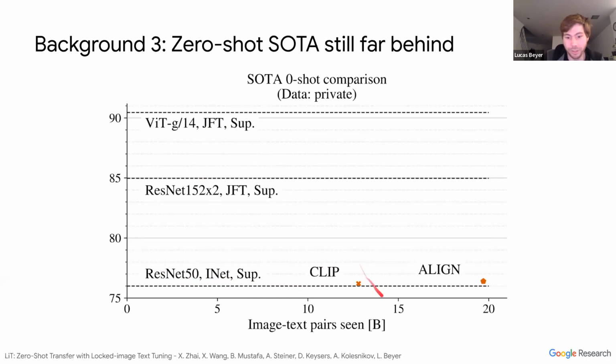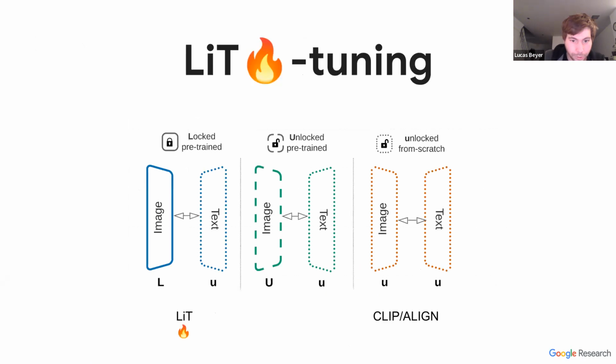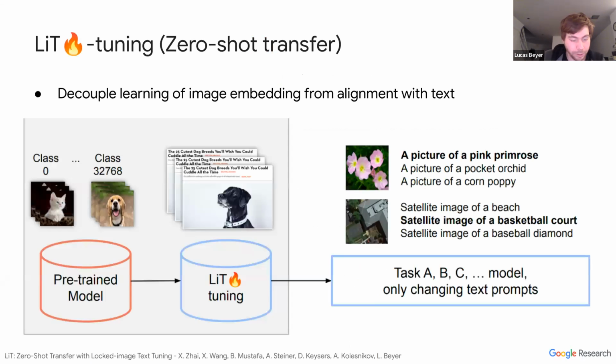Can we have this property of just spelling out the text for the models that we pre-trained that are really strong? And yes, we can, by what we call LiT tuning, locked image text tuning. The bottom line is really simple. We do the model pre-training as I mentioned before. We remove the classifier head. Then we take this model and attach a text tower to it.